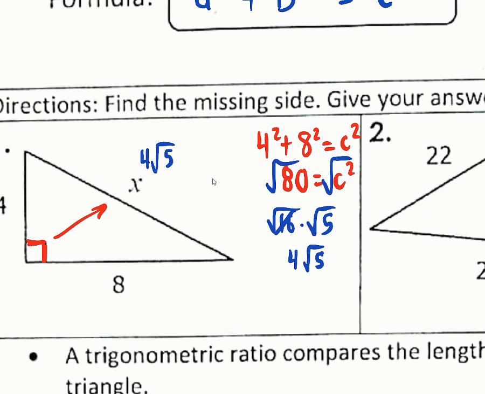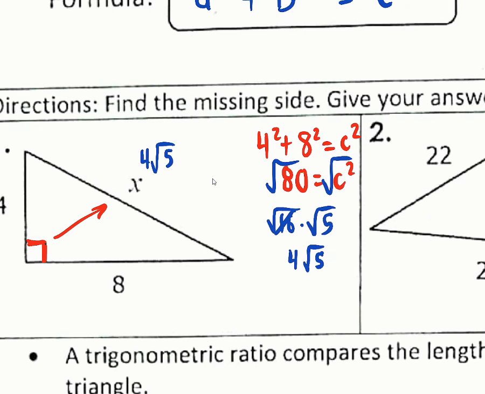Okay, here's the point. I know that we talk about simplifying radicals, and my expectation is that you can do them. But if you can't simplify a radical on an EOC or an ACT test, can you still come up with the right answer? If I'd gotten this problem all the way down to the square root of 80, but square root of 80 wasn't in my choices, could I have picked the right answer?